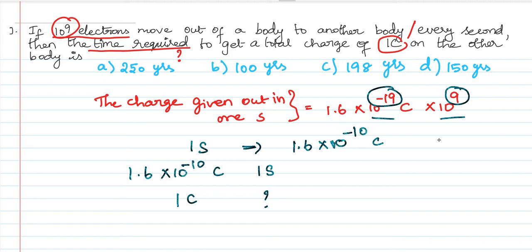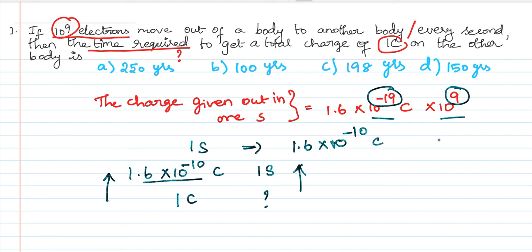You can see clearly it is 10 to the power of minus 10. Don't simply look at the number alone and get confused. It is 1.6, but into 10 to the power of minus 10, and the required charge is 1 coulomb. So the charge is increasing, and obviously the time will also increase.